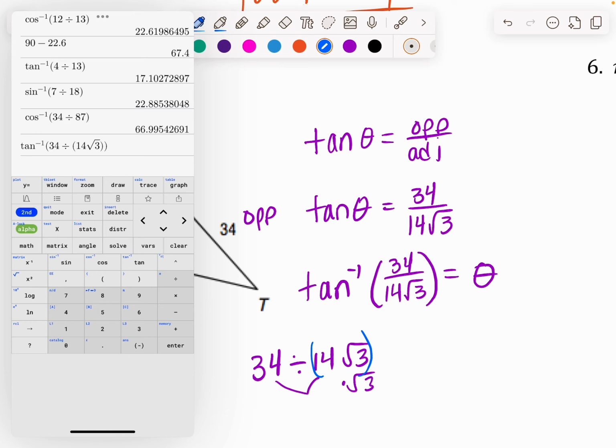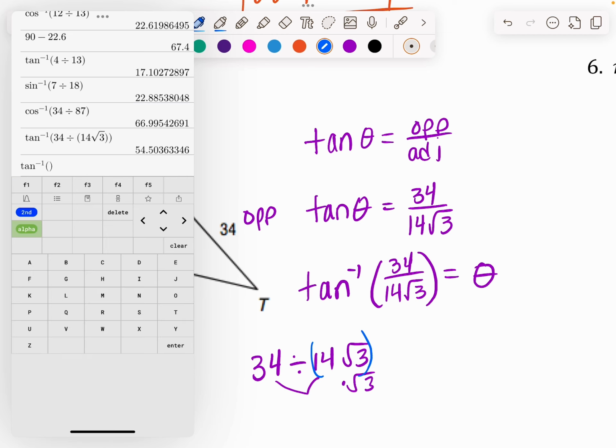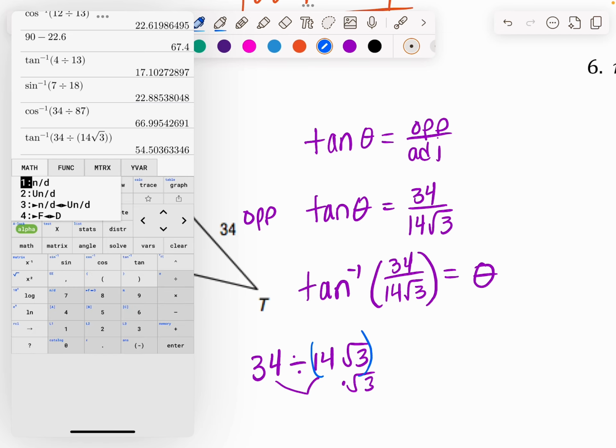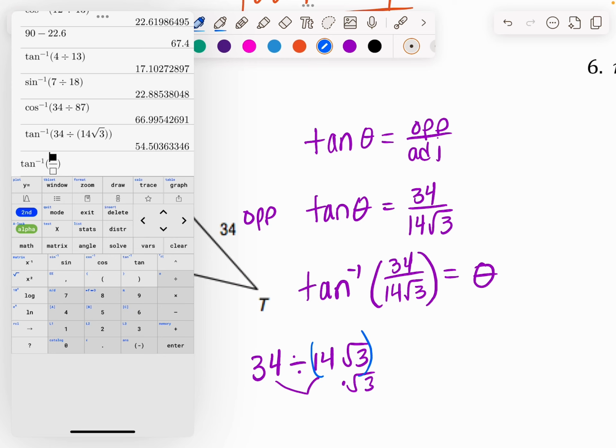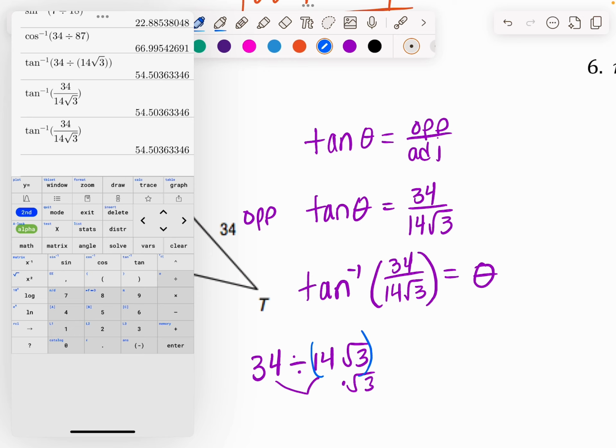So make sure you put that all in together, or use the fraction button. If you use the fraction button, alpha y equals, it will give you the right answer, because you can put everything in the denominator and it will calculate it correctly.